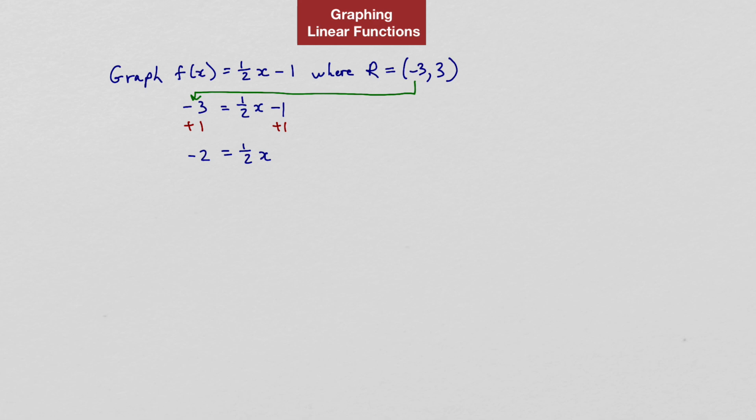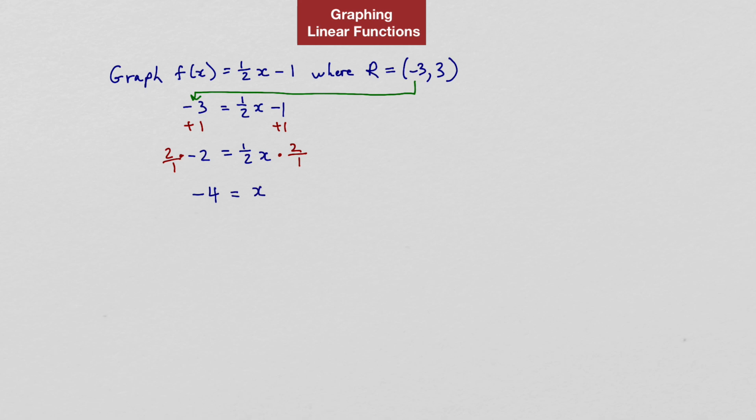Okay, and then to separate this 1/2 from the x, we're going to multiply both sides by 2, or 2 over 1. And when we do that, we get -1. Oh, I'm sorry, -4. -4 is equal to x.